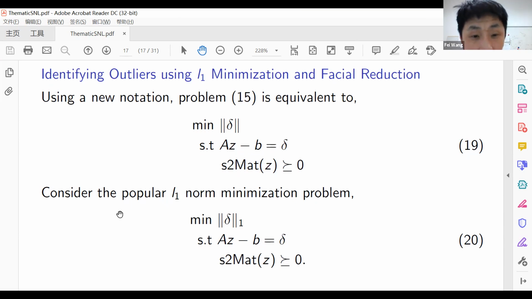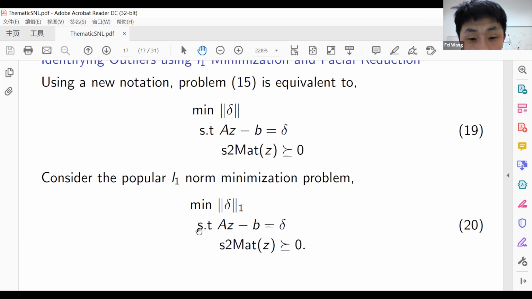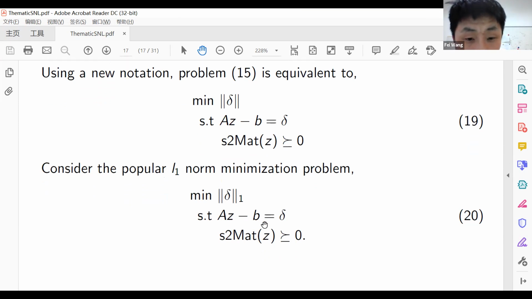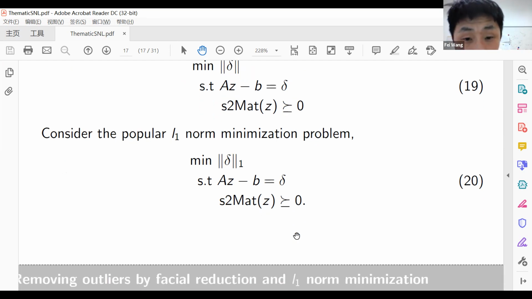So we consider this problem. We minimize the L1 norm of the error delta, where delta is the error of G, subject to the matrix form of G being positive semi-definite.